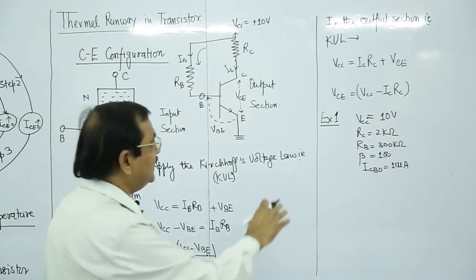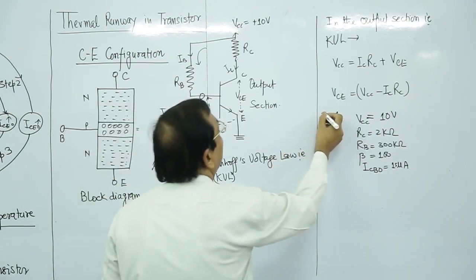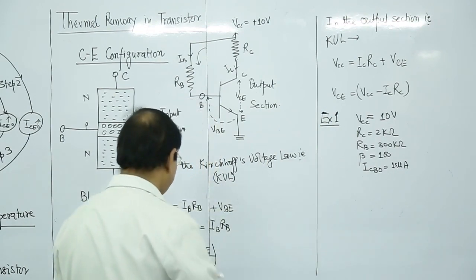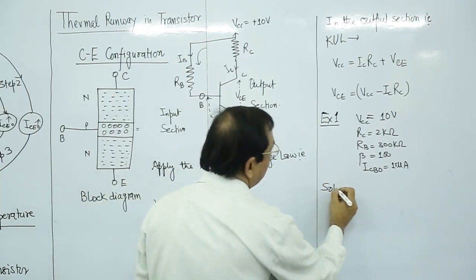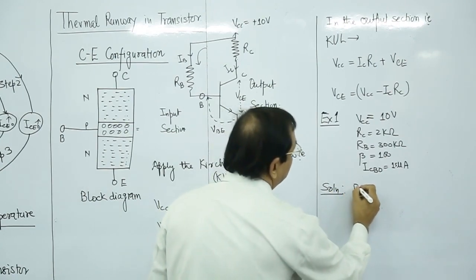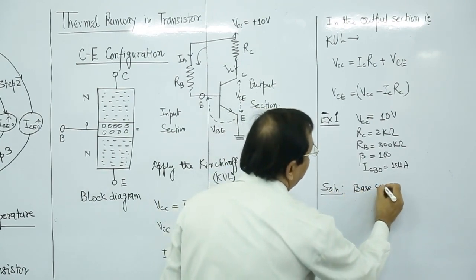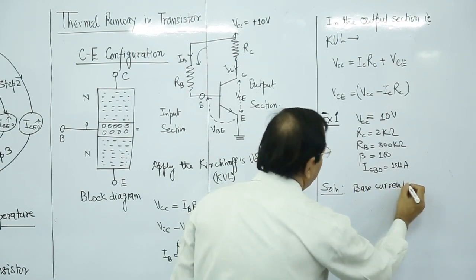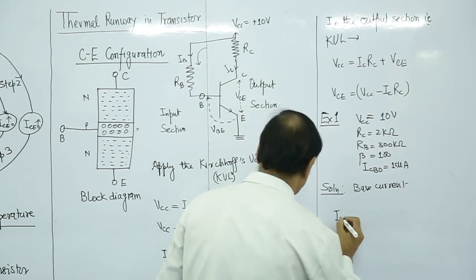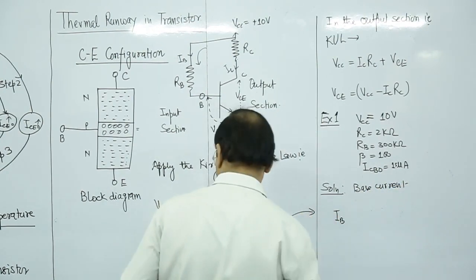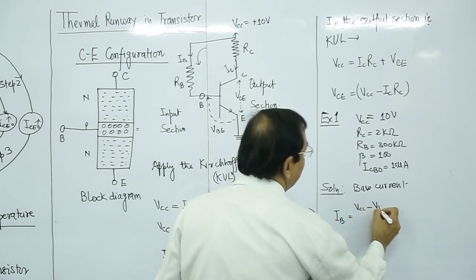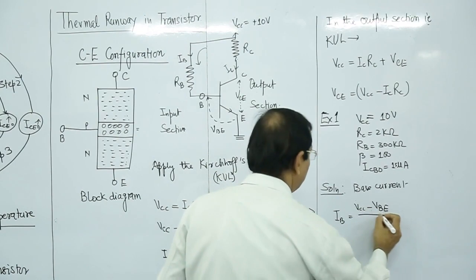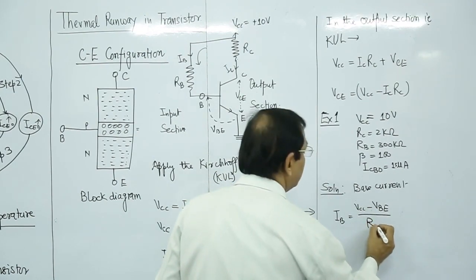So with this value of example 1, what is the value of IB? Base current IB is equal to, we take this from here, VCC minus VBE upon RB.